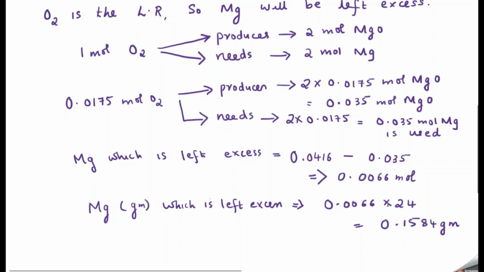Okay, and if you convert this into gram, the answer will become 0.1584 gram. Even sometimes they can ask you how many molecules of magnesium is left behind. In that case, you need to convert this mole to number of molecules. We know that 1 mole is equal to Avogadro number of molecules. So 0.0066 mole means 0.0066 into Avogadro number. So you will get the number of molecules.